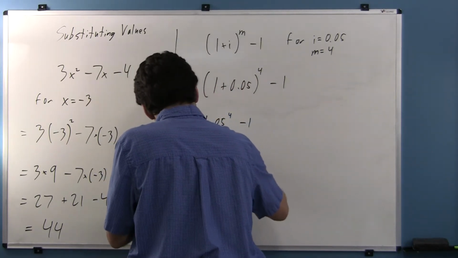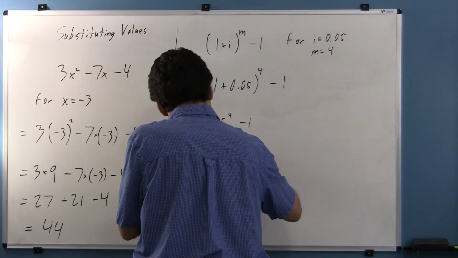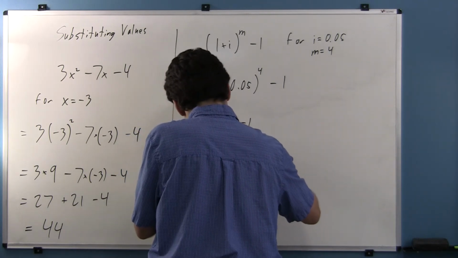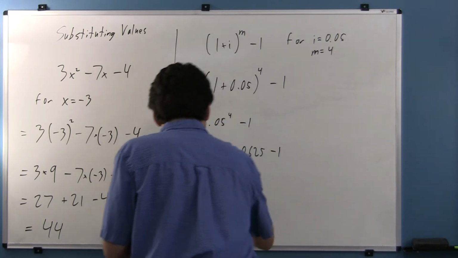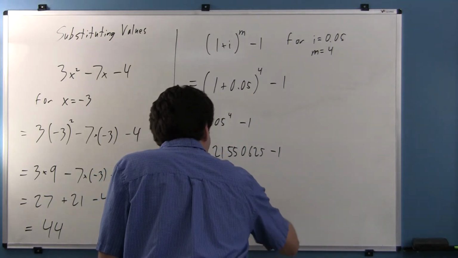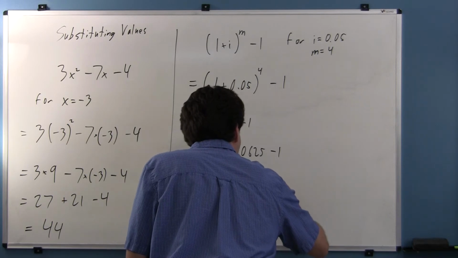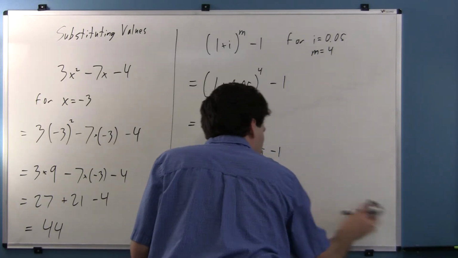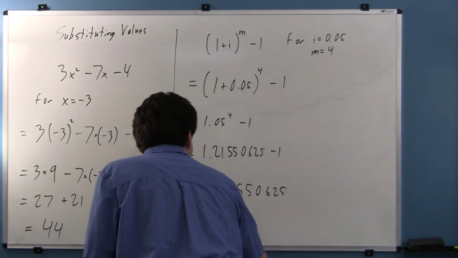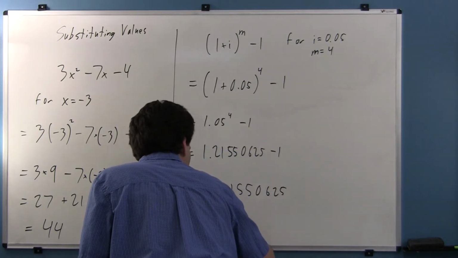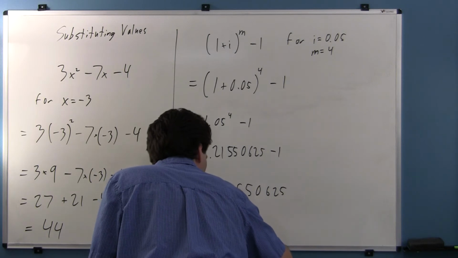which is equal to 1.21550625 minus 1, which is equal to 0.21550625, which is, if we have to round it, approximately equal to 0.22.